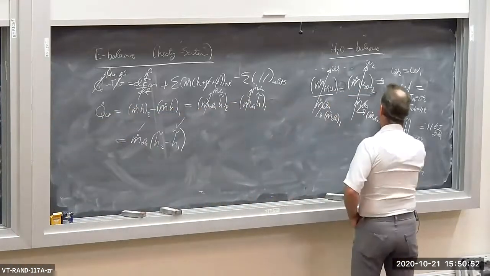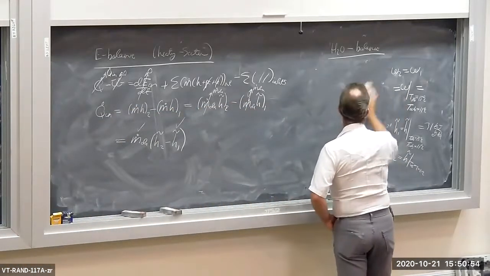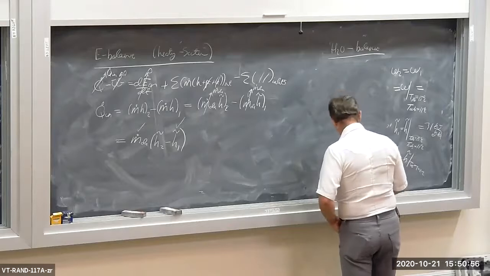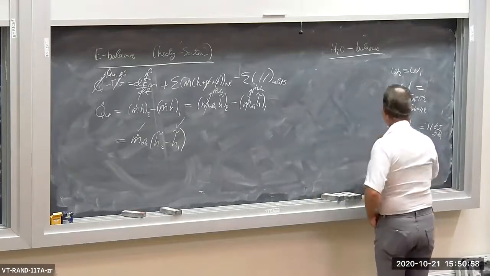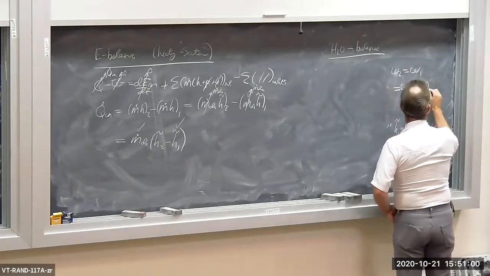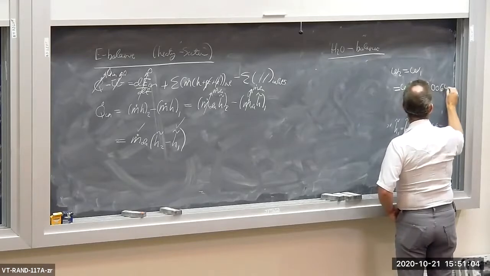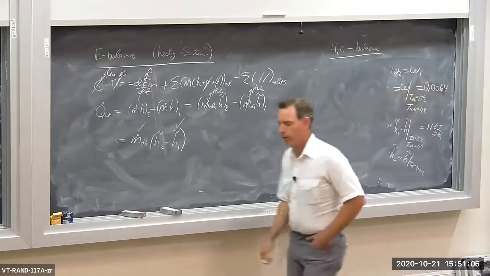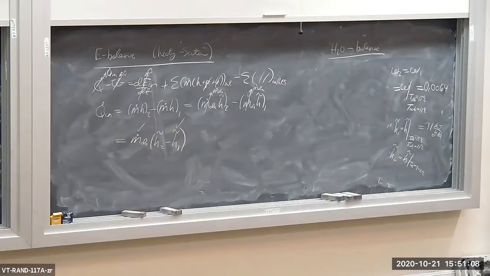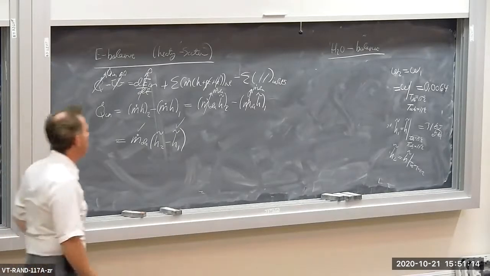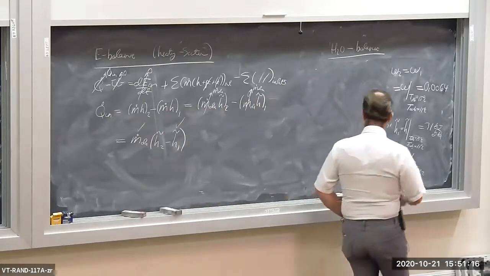Getting a little cluttered here, so I'm going to get rid of this. 0.0064. Wait, make sure I don't have too many zeros there. Kilograms of H2O. Oh boy, running out of space here.